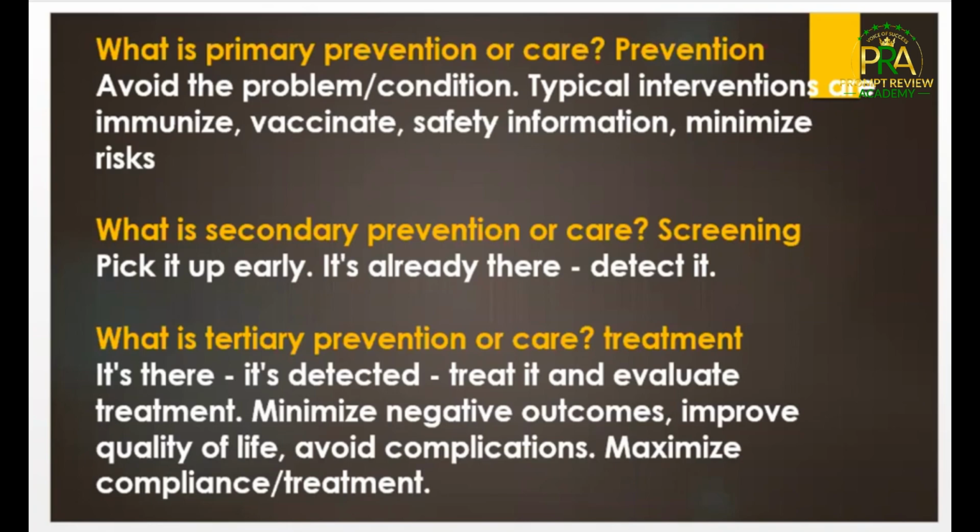You want to avoid the problem from happening. So for example, immunization, vaccination, safety information. You want to minimize risk, for example, wearing of seatbelt, wearing of helmet, immunization, flu shot. All those are your primary prevention. You want to prevent something from happening.